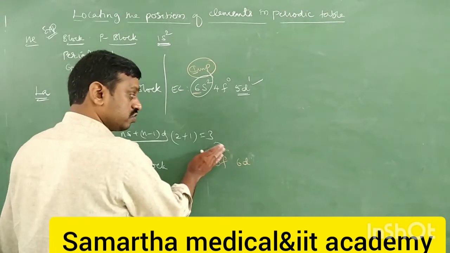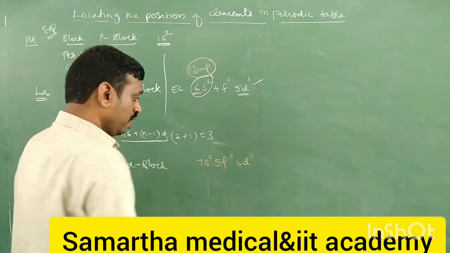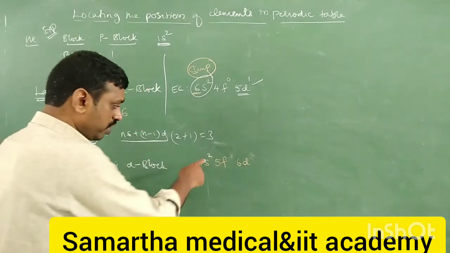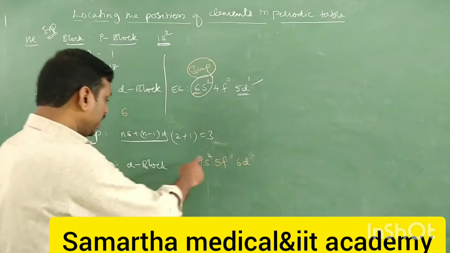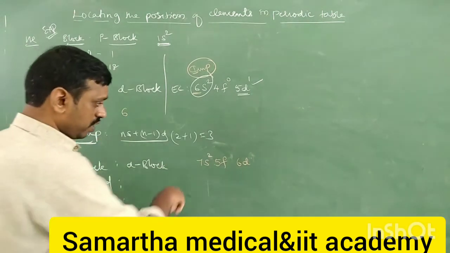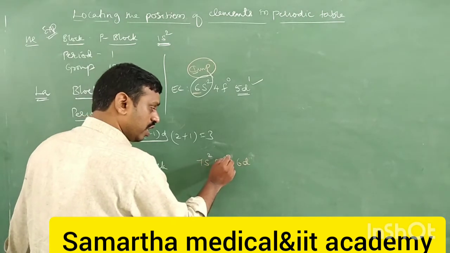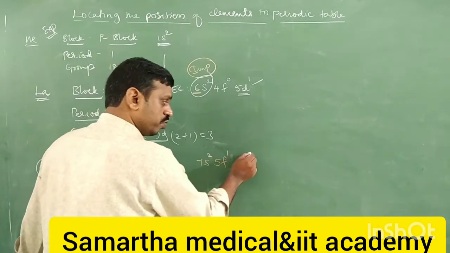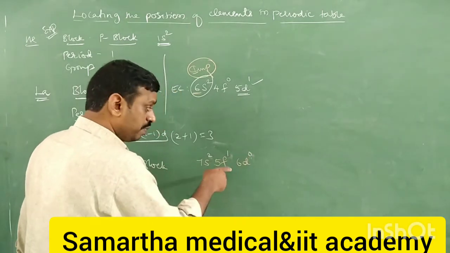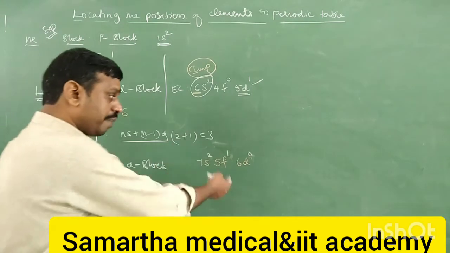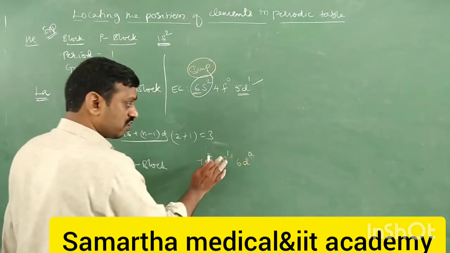But here this is violating the Aufbau principle. Two electrons enter 7s. Actinium has 3 electrons, so 1 electron is supposed to enter 5f. If 1 electron entered there, it would become an f block element. But it is not happening.